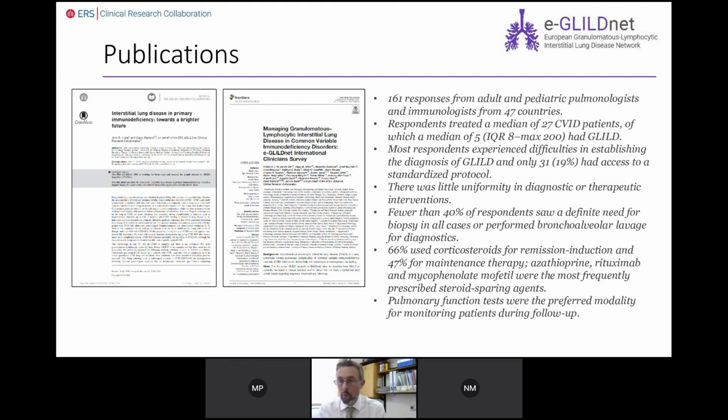So one of the things that we did was a survey of clinicians, and what became clear from that is that there's a lot of confusion out there in terms of how to diagnose, how to treat, how to monitor, and a lot of concern about the risks and benefits of different treatments. For example, high-dose corticosteroids.